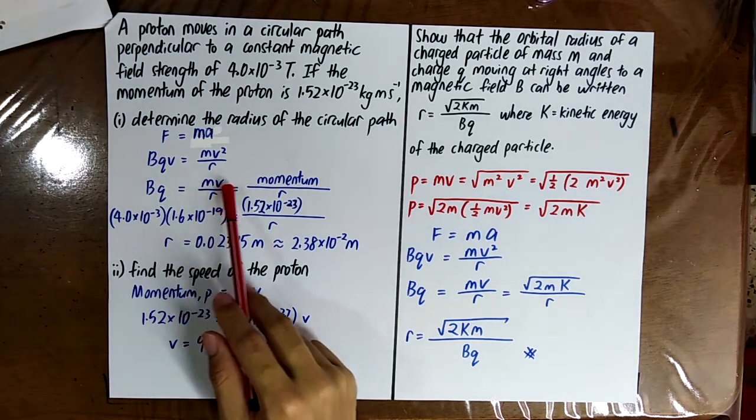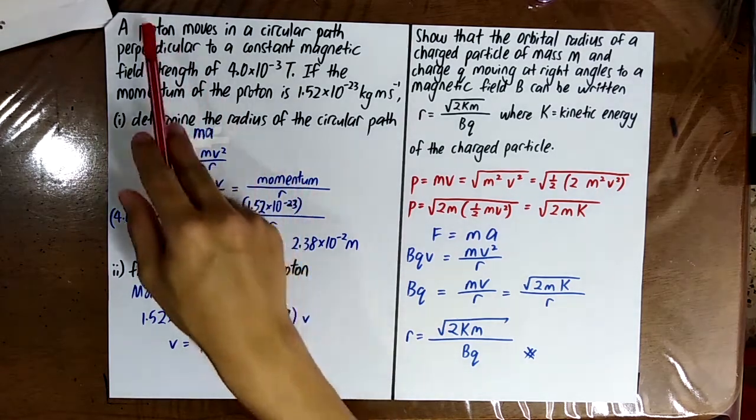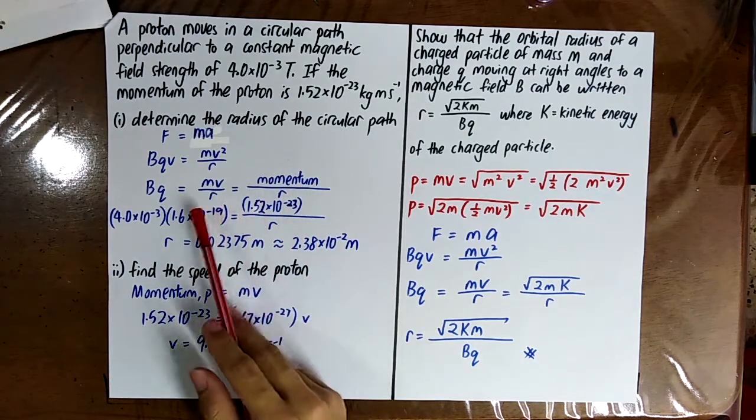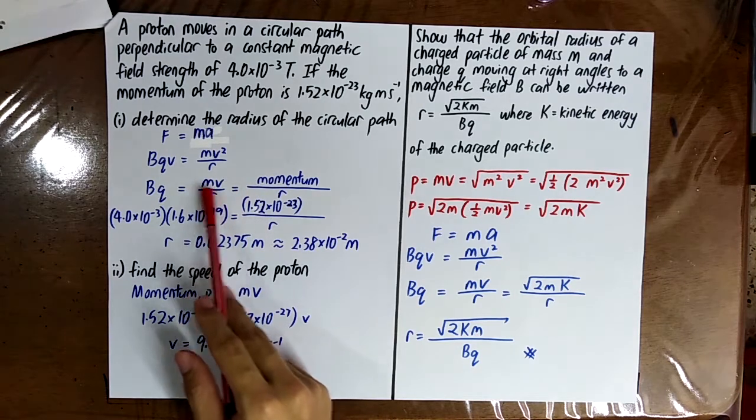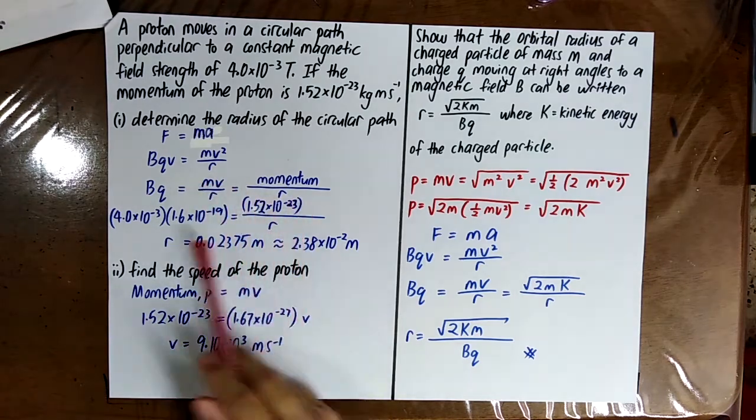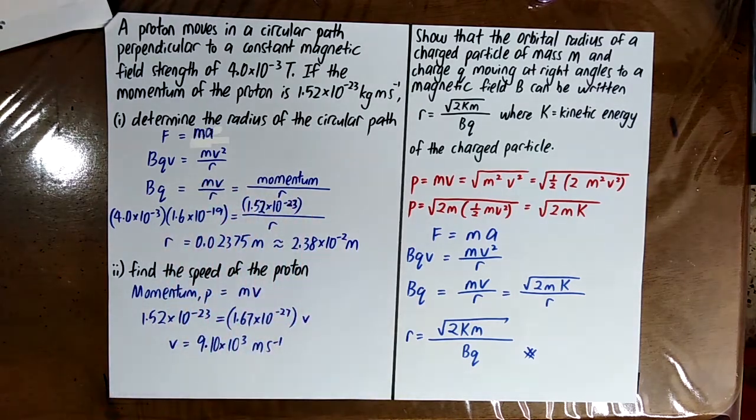And mv is actually the momentum of the charged particle. You are now given the momentum, that means you are given the value of mv, so you can find the radius. Find the speed of the proton. The momentum equal to mv, and the mass of the proton is 1.67 times 10^-27 kilogram.